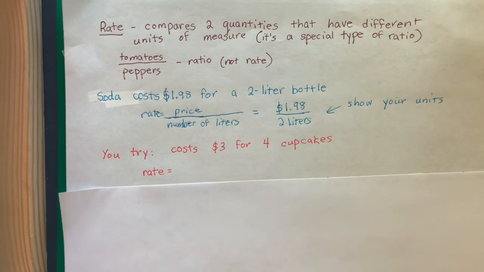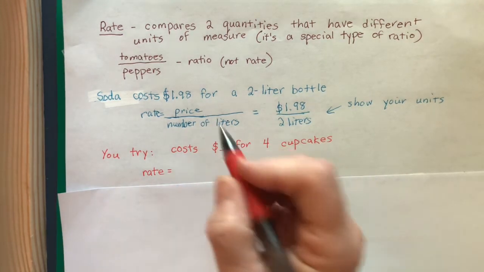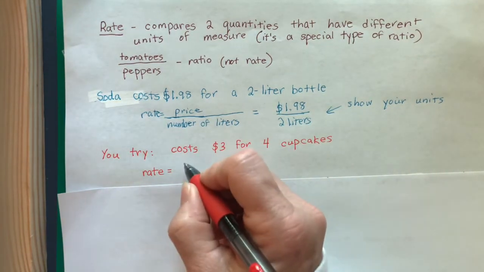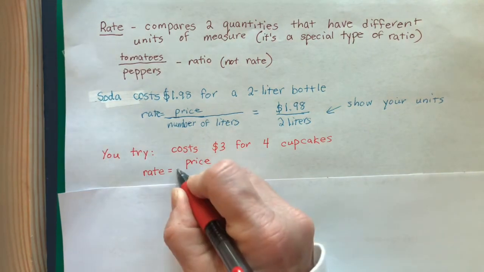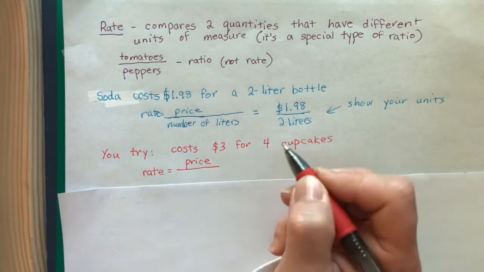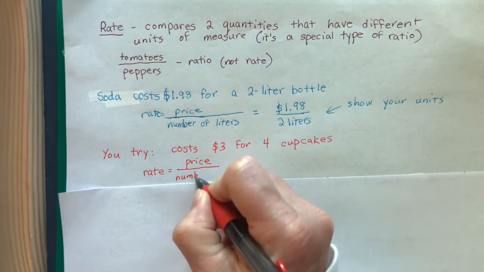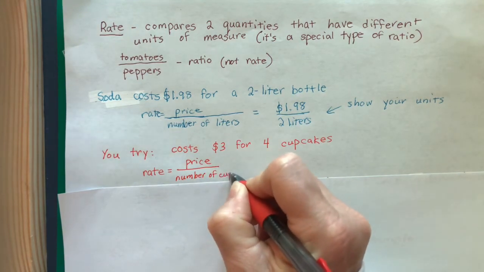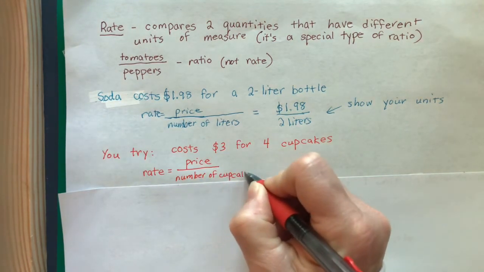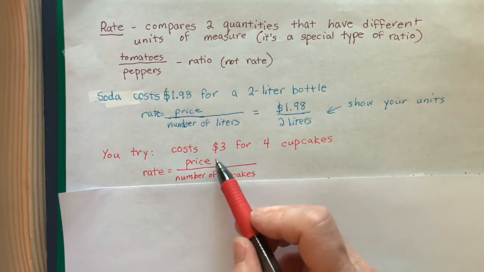Okay, let's see how you did with that rate. What you should do is write it in words first. So you're going to put the price for the number of cupcakes. And see, this is going to be in dollars.